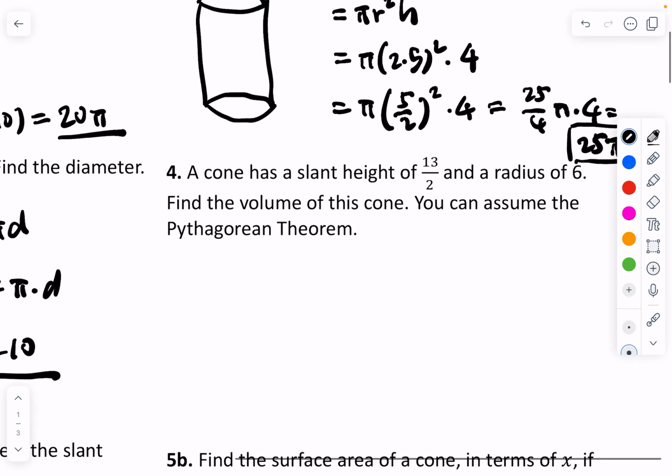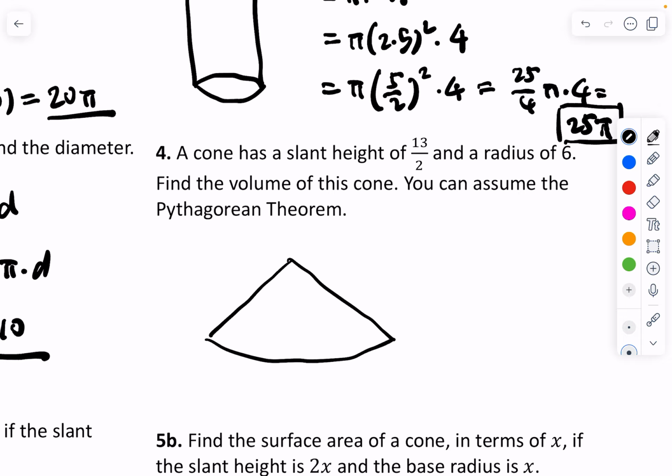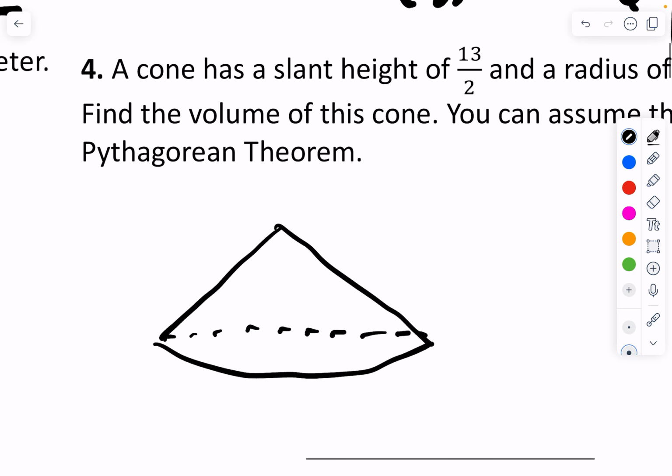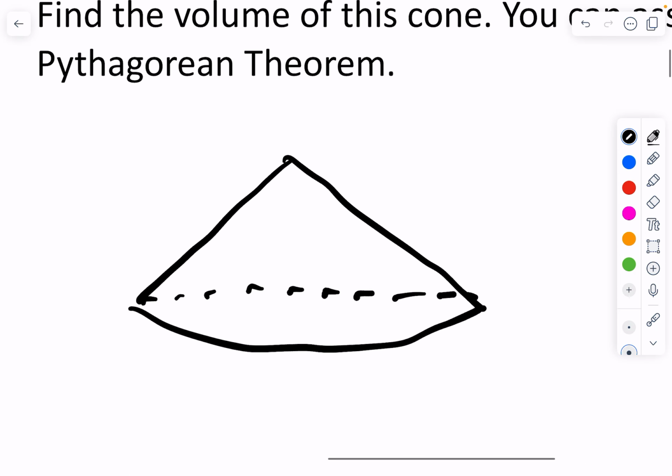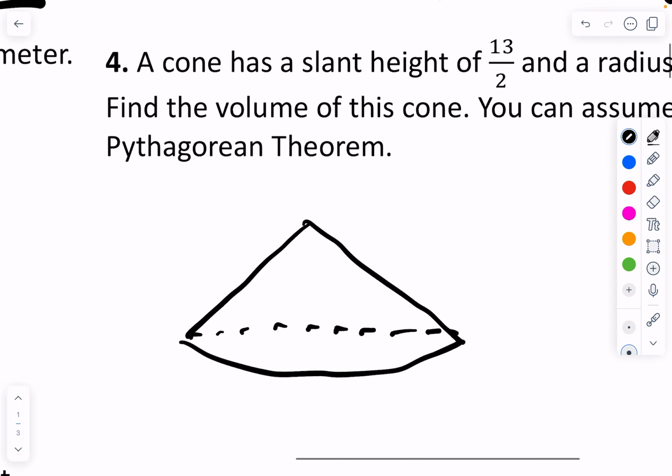Okay. A cone has a slant height of 13/2 and a radius of 6. We want to find the volume of this cone. You can assume the Pythagorean theorem. So for this problem, how do we solve it? The slant height, which is this length, is 13/2, while the radius of the cone, which is this length, is 6.